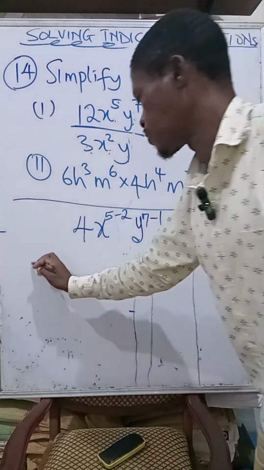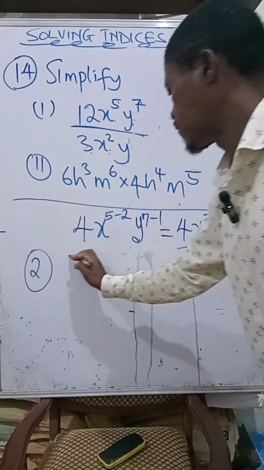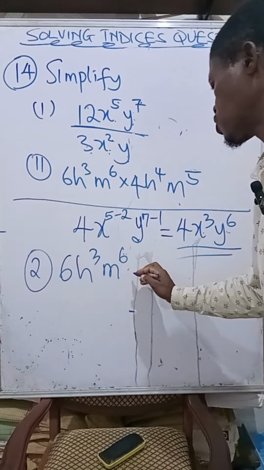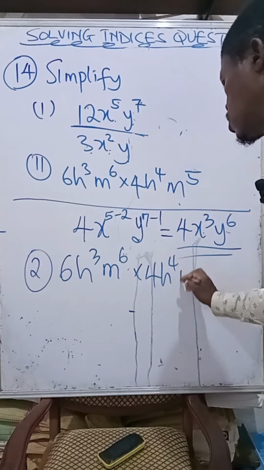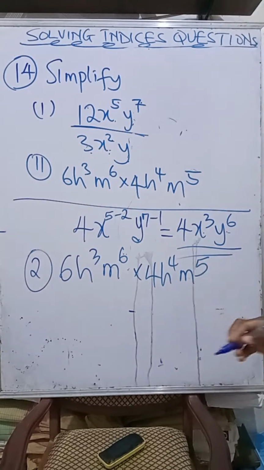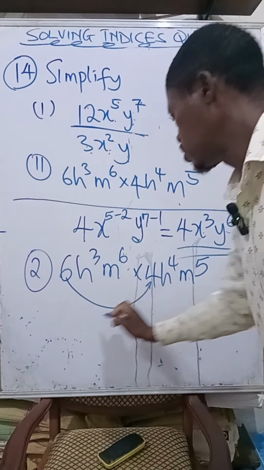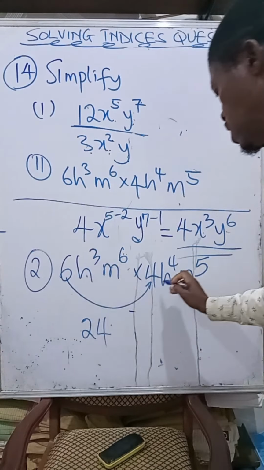The second one, we have this question. What we are going to do in this case is, for the numbers, 6 times 4, that's 24. We have h to power 3, h to power 4.